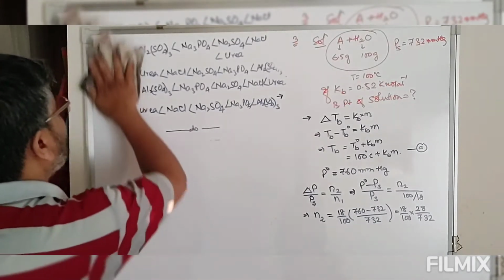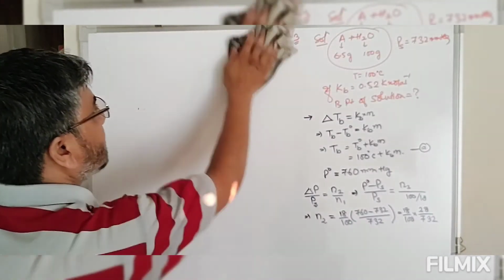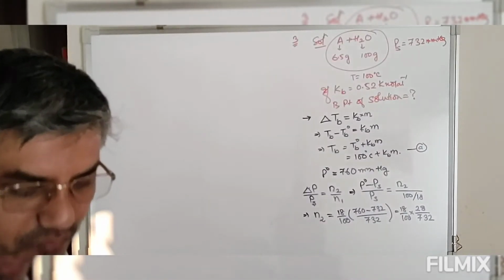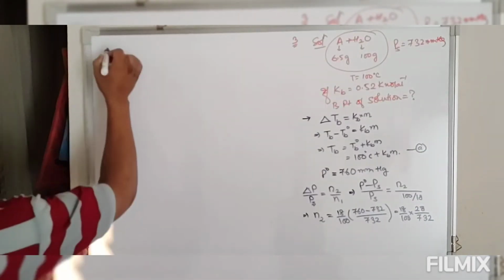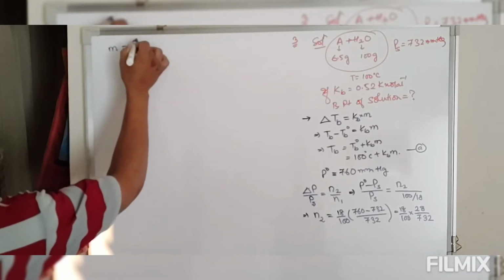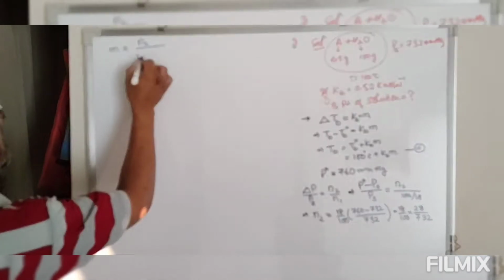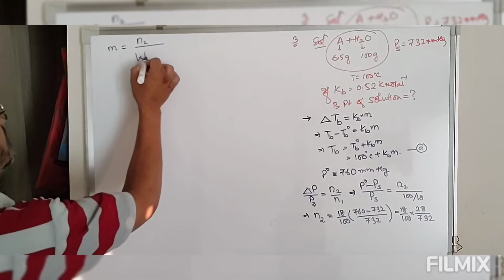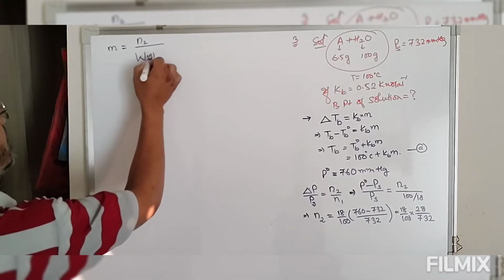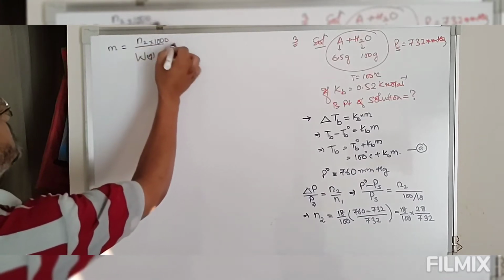Once we have this number of moles of solute, we can define the value of molality. So the molality of the solution is the number of moles of solute divided by the mass of solvent in gram multiplied by 1000.